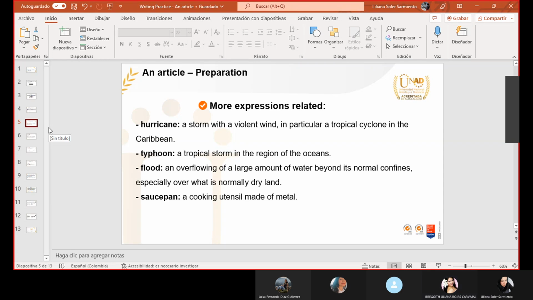Yes, okay, agreed. Saucepan: a cooking utensil made of metal. Yes, thank you. Cooking utensil. Utensil.